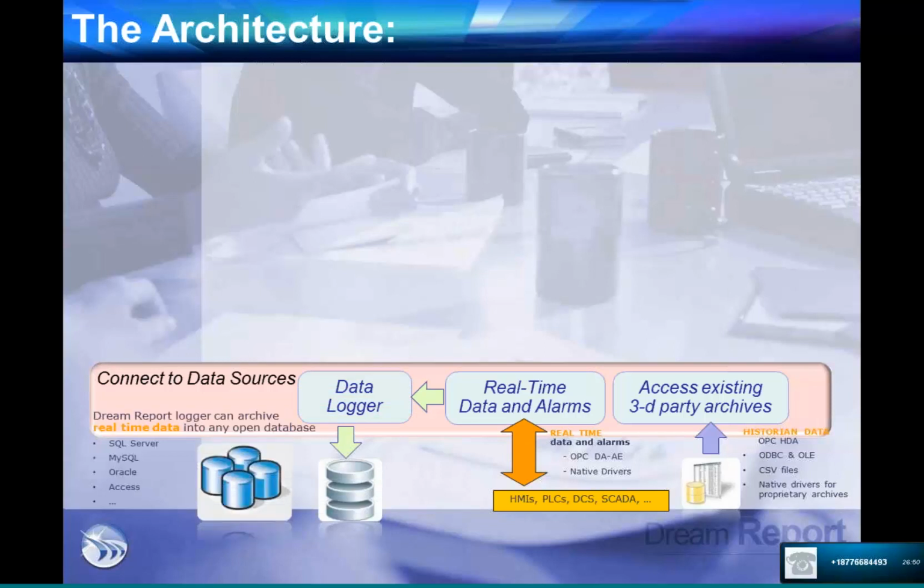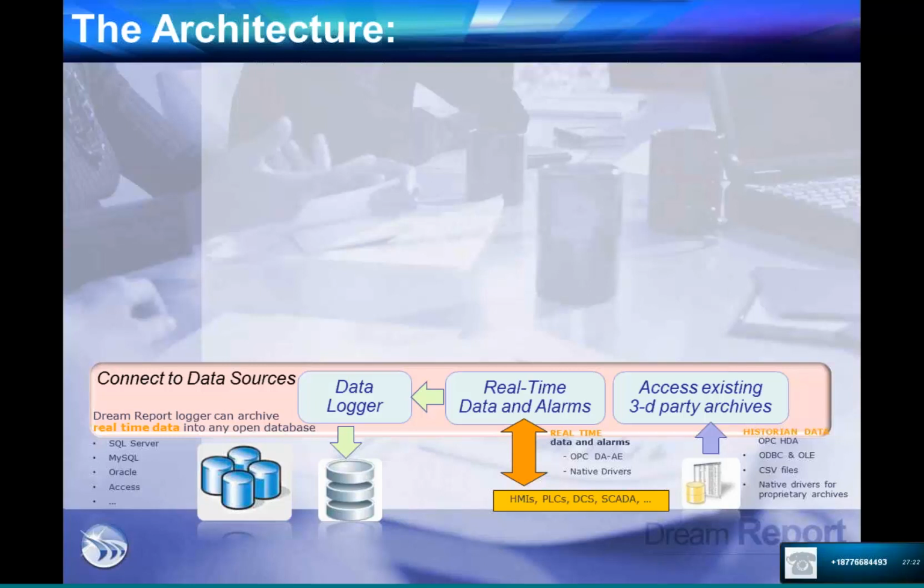Then we can create reports on top of the existing history that InduSoft Web Studio creates. This way you will save some disk space, and you will avoid duplication of the data on both sides, on the InduSoft Web Studio database and on the Dream Report project database.